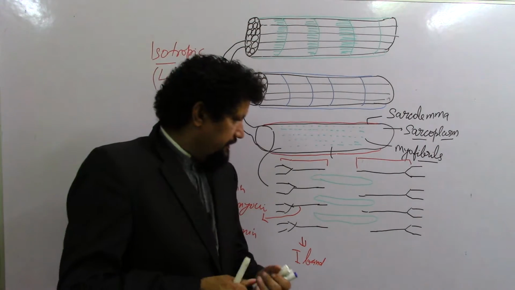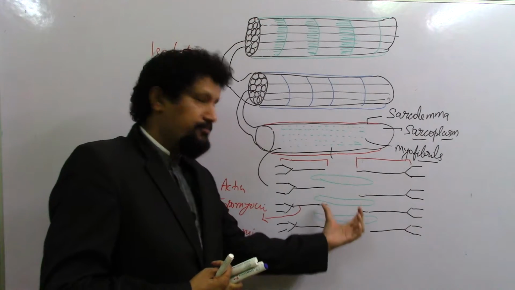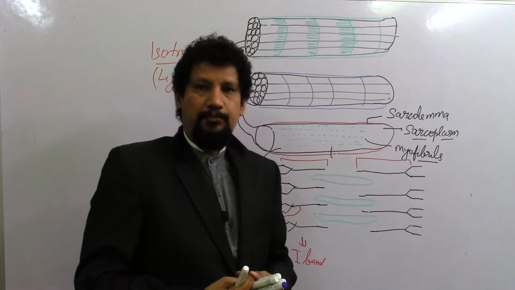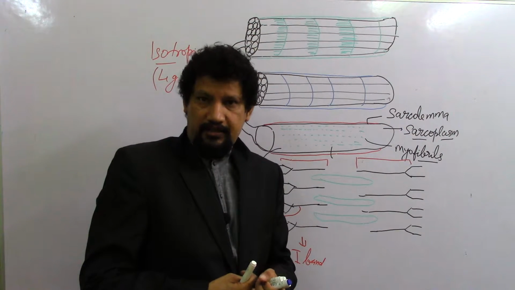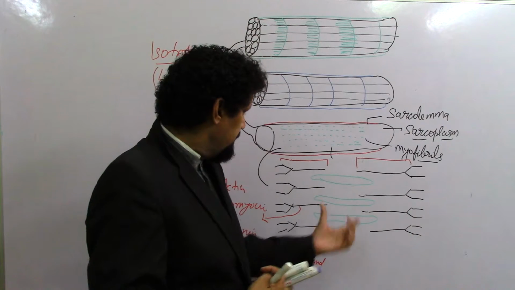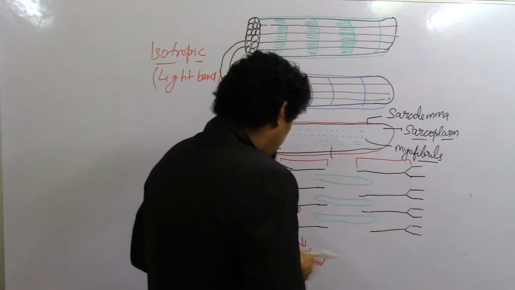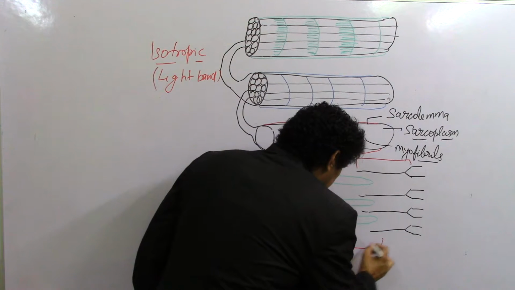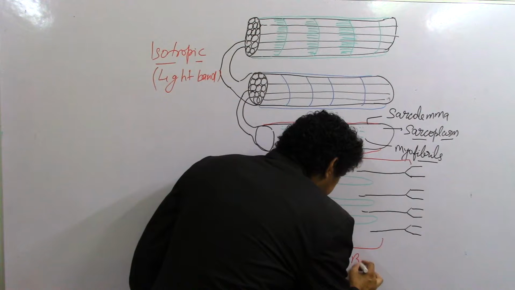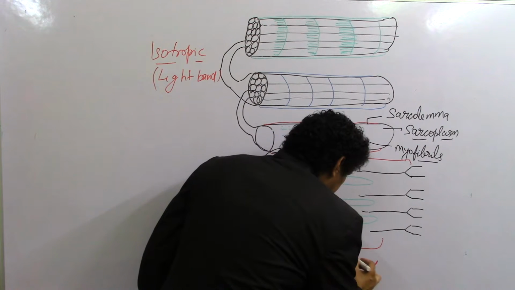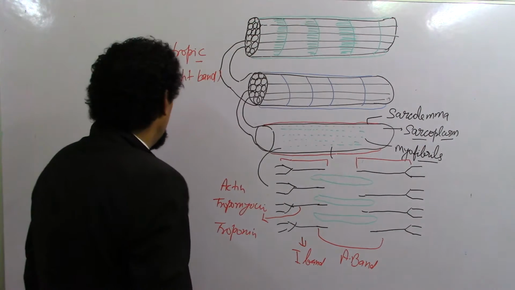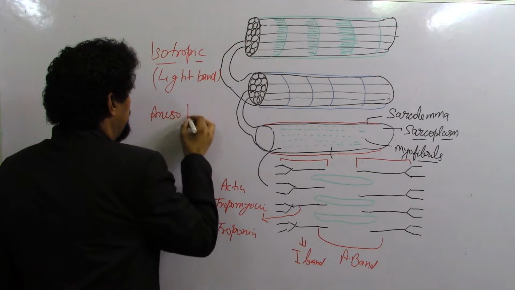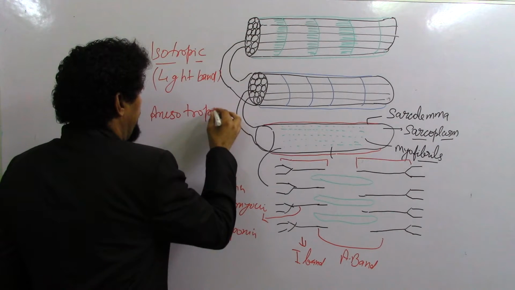And this comparatively darker part, when we see the myofibril in polarized light in light microscope, is known as A band. A stands for the anisotropic band.